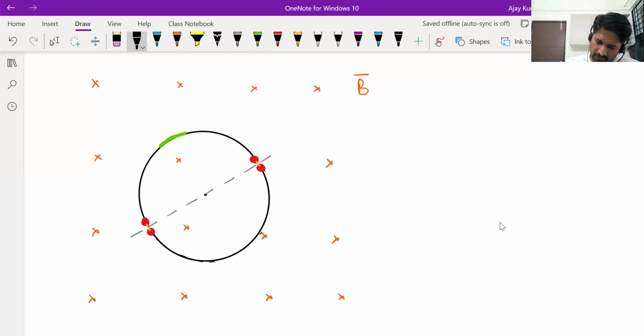Now, if you join the ends of that element to the center of the loop, it will subtend a small angle. In the diagram, it looks like a large angle, but if the element is really small, it subtends a small angle. Call that angle d theta.